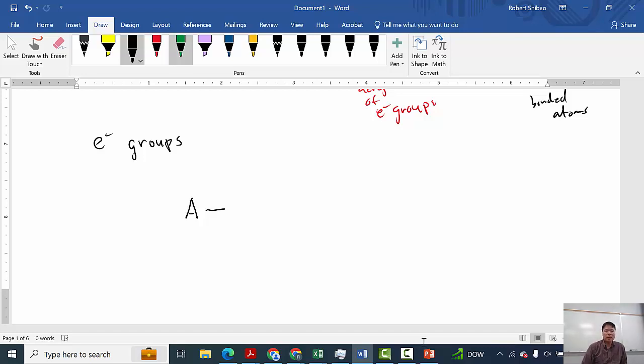Let's have some generic atom A. If we have an atom A, then this would be a single bond group, just a dash, going to, let's say, B. So that's one type. Another type would be a double bond group, in which we'll have two dashes like that.